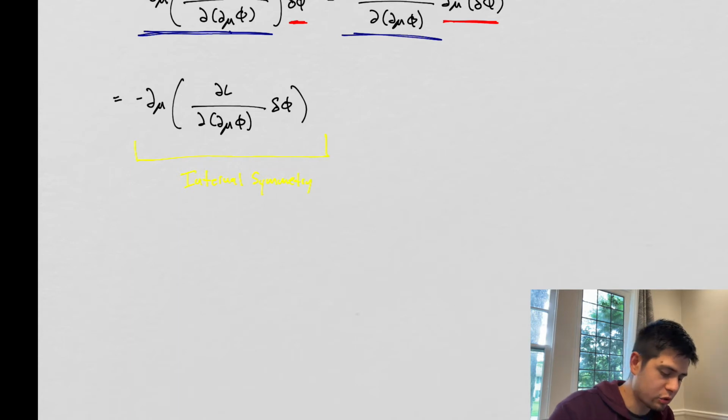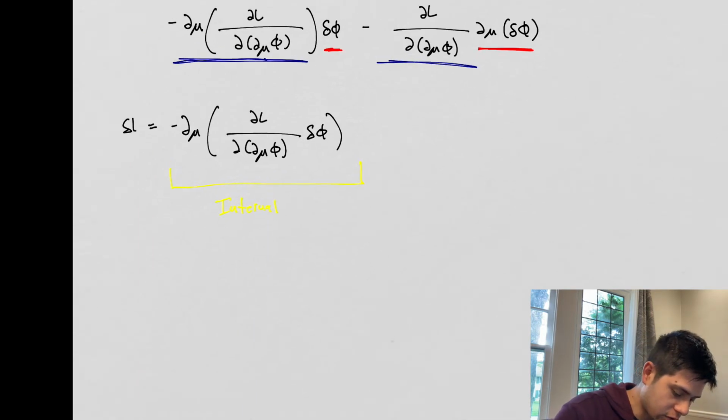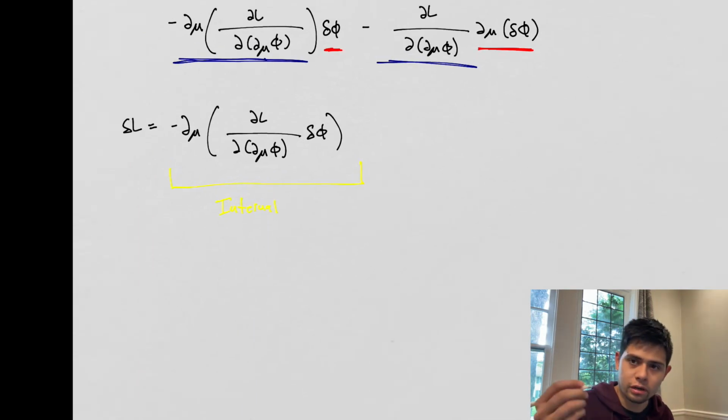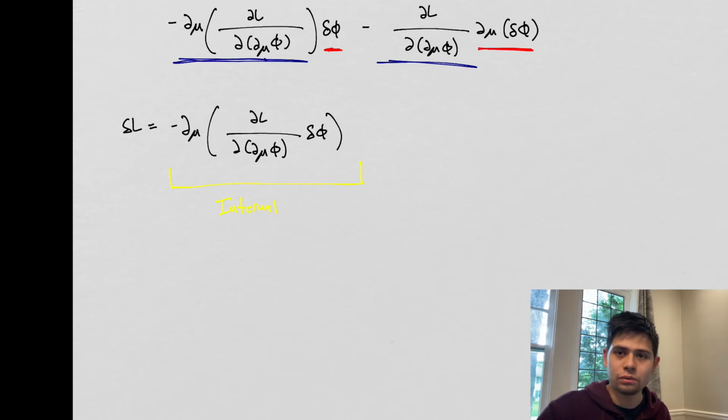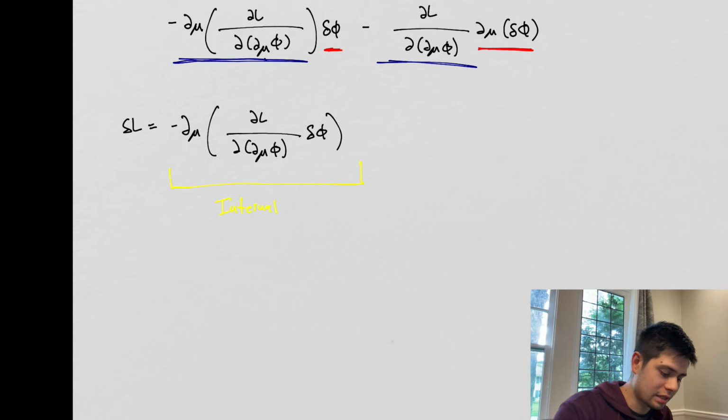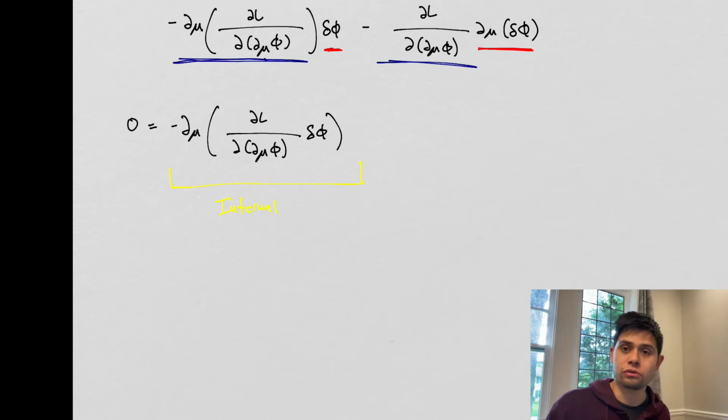Or not really a symmetry yet, right? We won't call it a symmetry because this is really just the change in the Lagrangian. The symmetry comes into play when we set that equal to 0, right? So if we just set this equal to 0, then it's our internal symmetry.